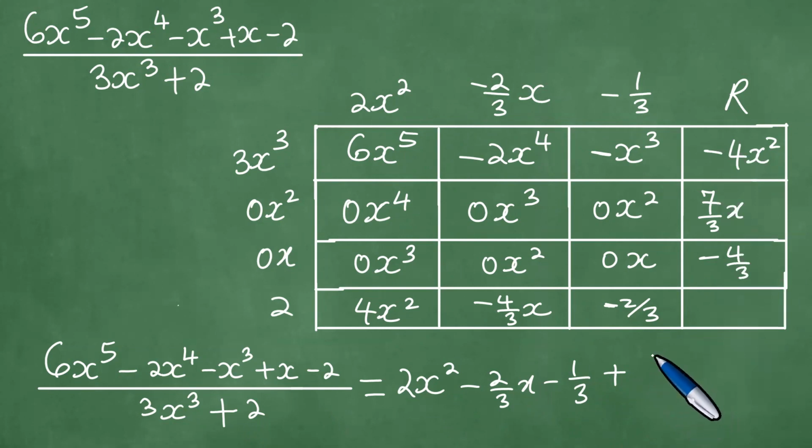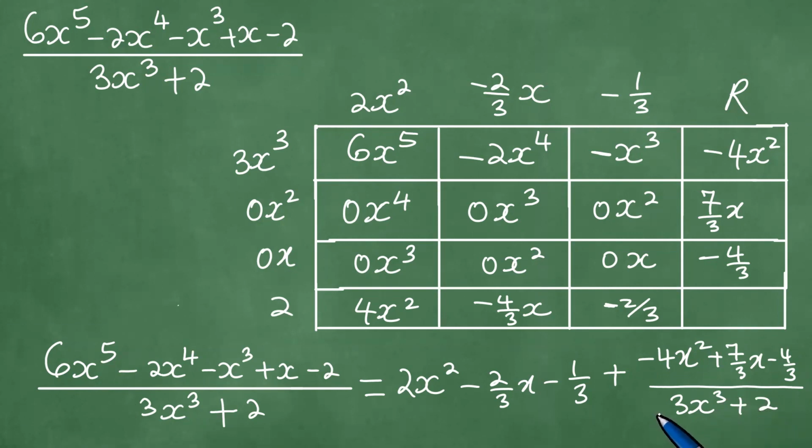The remainder is minus 4x squared plus 7 over 3x minus 4 over 3, divided by 3x cubed plus 2.